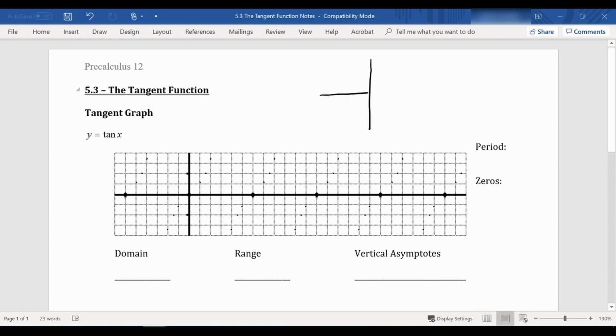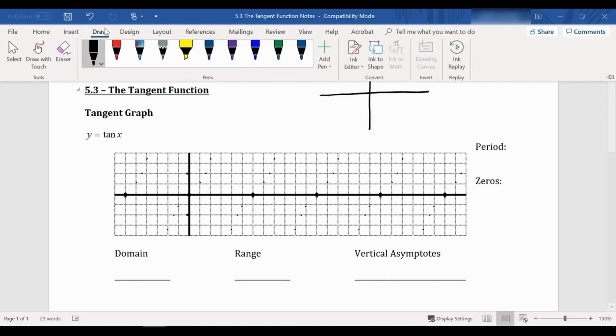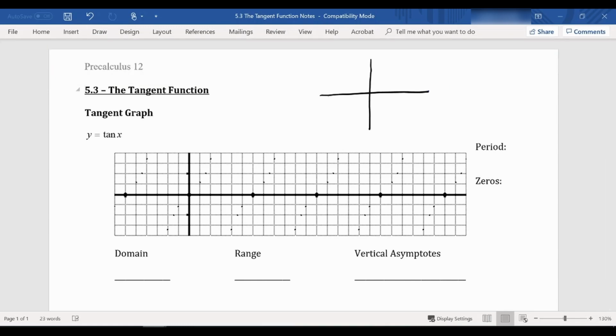So if we go back to our quadrant system, again, a reminder that we had some special values of tangent on all these axis lines. If we were on the positive x-axis, we know that tangent of x was equal to 0, and that's because we know that tangent of any angle is equal to opposite over adjacent.